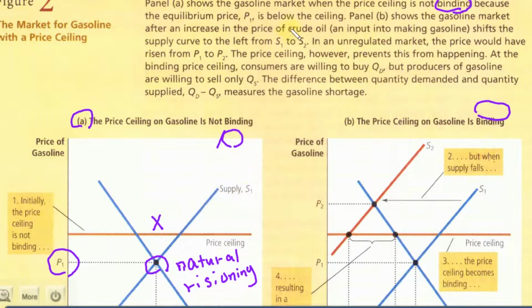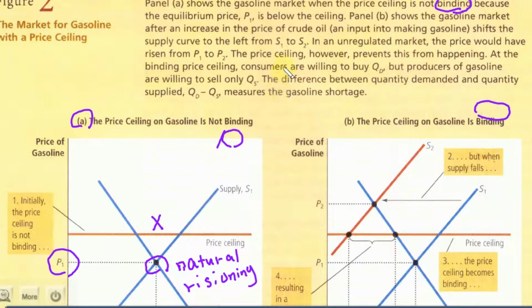But panel B shows the gasoline market after an increase in the price of crude oil, an input in the market for gasoline, which shifted the supply curve to the left from S1 to S2, right? In an unregulated market, the price would have risen from P1 to P2. The price ceiling, however, prevented this from happening.